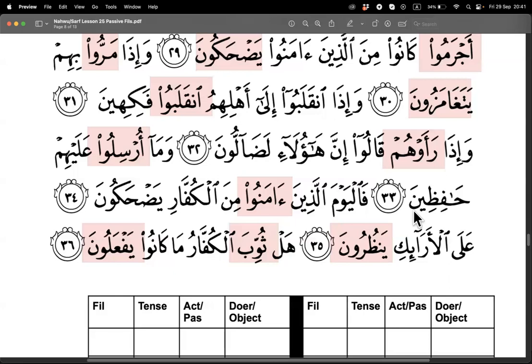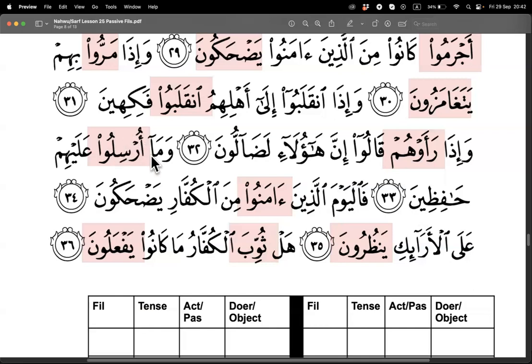Nasab, and then this one will be hal. Yes, it can be hal. In fact, I think this is hal. I cannot remember, I need to double check. Maybe there are two i'rabs for this, but with ursilu, usually you have a hal anyway.